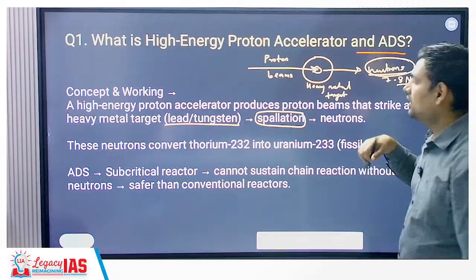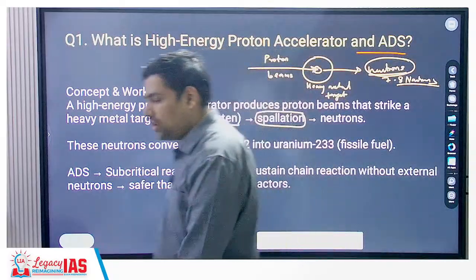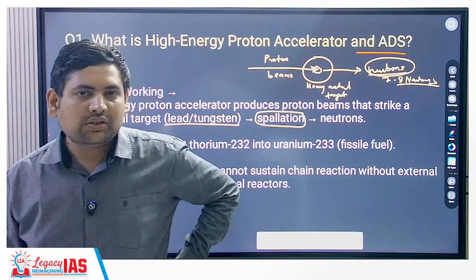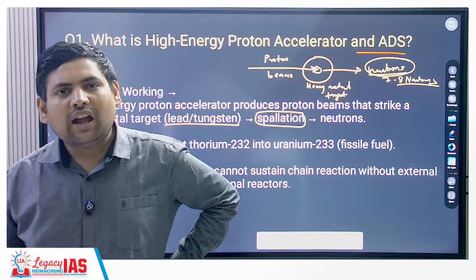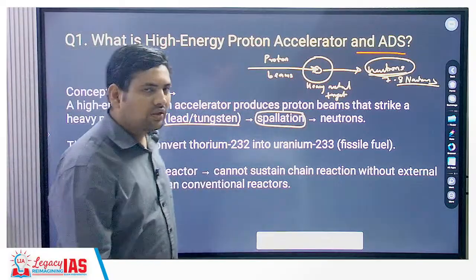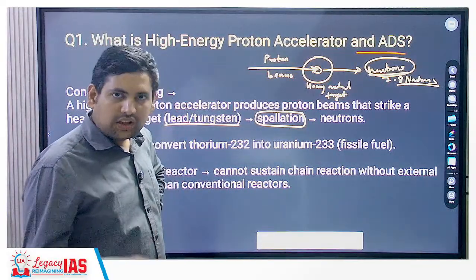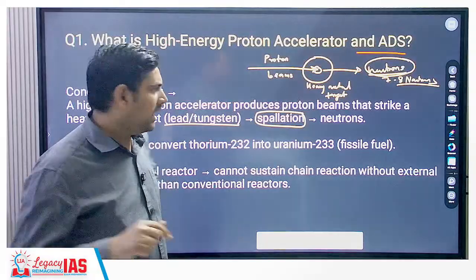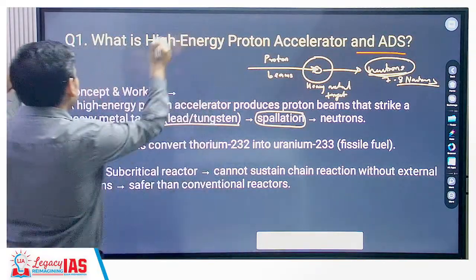The normal nuclear power plants or reactors that we have release neutrons from the reaction itself, and those neutrons are used in the further reaction. That leads to something known as a chain reaction.